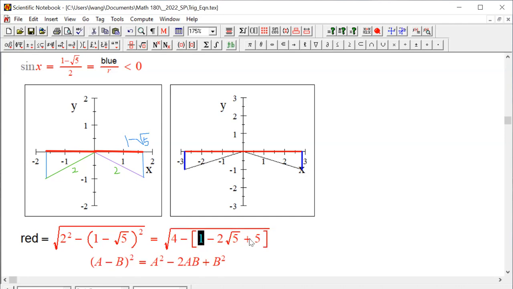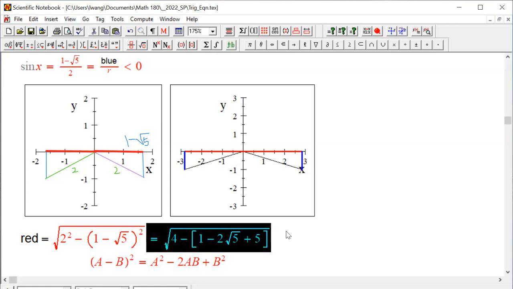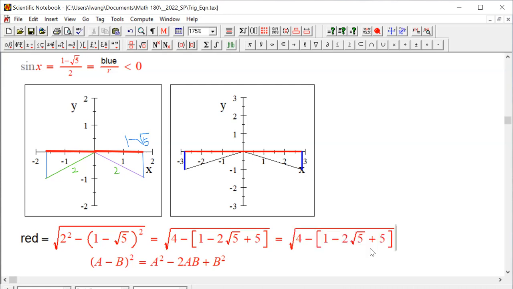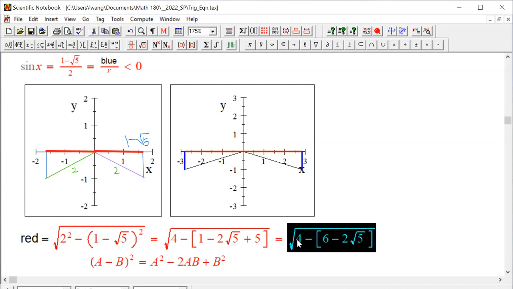So 1 plus 5, that's a 6. I'm gonna write one more step. If we open up the parentheses, we're gonna have 4 minus 6 plus 2 times root 5.